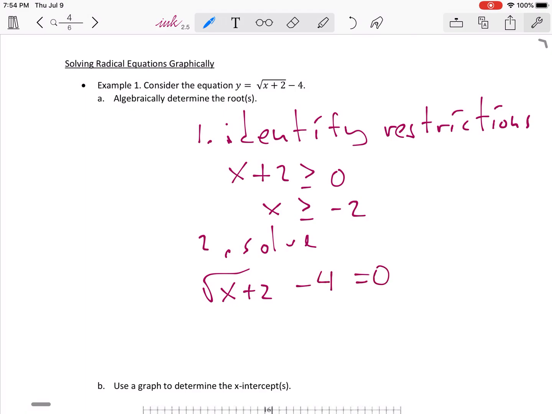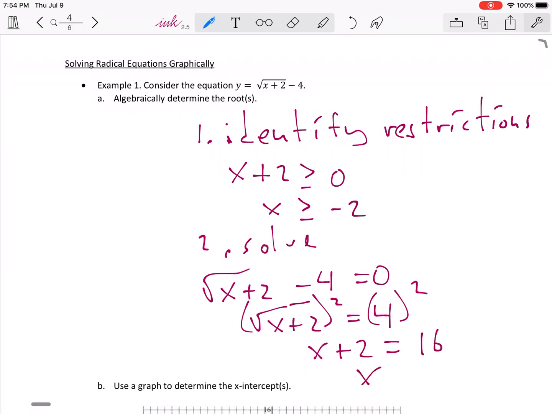Okay, and we'll move the 4 over. We want to get rid of the square root, so we'll square that side, and then we square the 4, so we get x plus 2 is equal to 16, so x equals 14. Okay, so that's our answer.